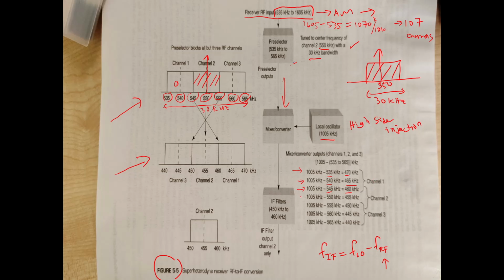And then 1005 kilohertz minus 550, we get 455 kilohertz. Then 1005 minus 555 kilohertz, we get 450 kilohertz. And this is channel 2.